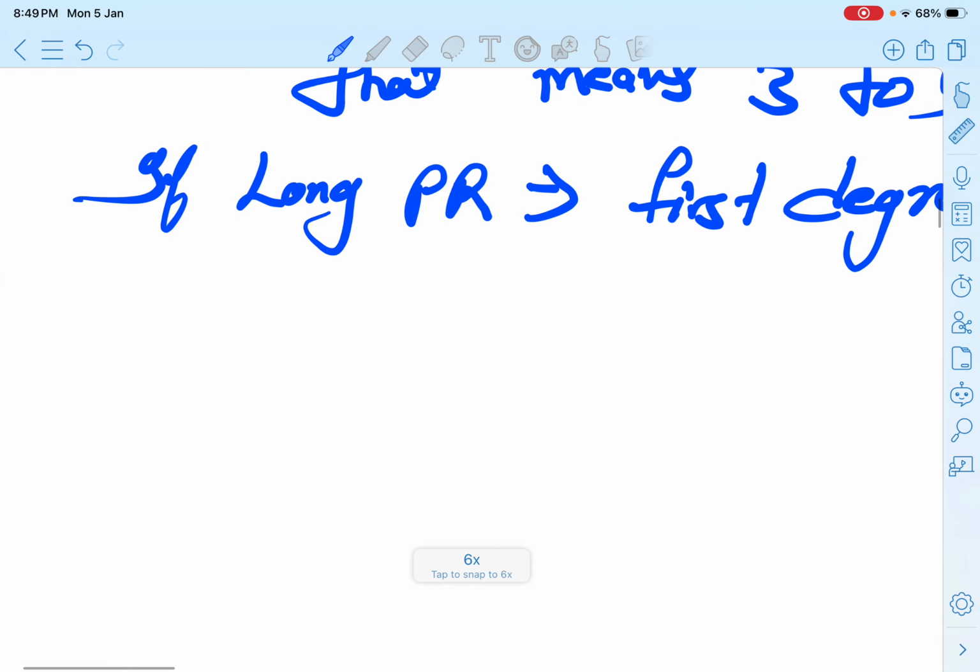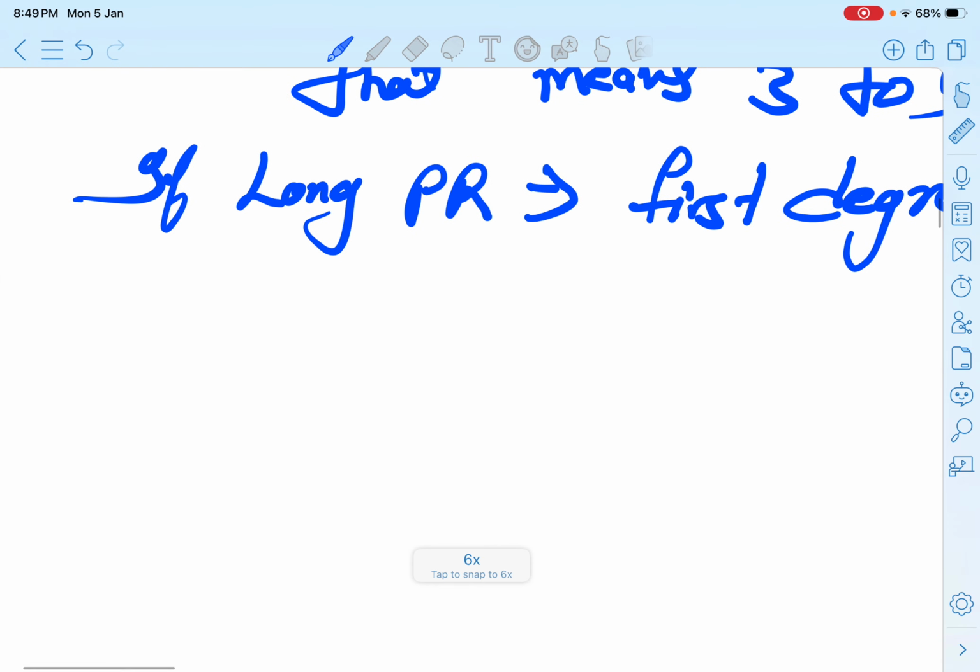If the QRS is narrow, it is a supraventricular rhythm.